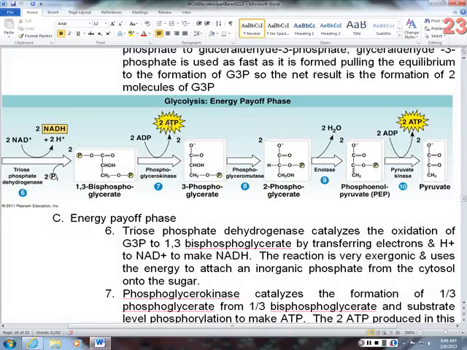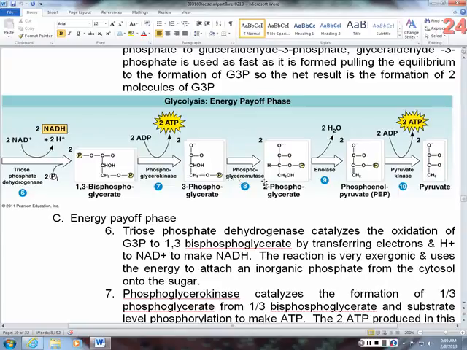So this time you're going to be releasing the energy and putting it on there. So it's lost one of the phosphates. You actually have 2 of these for every glucose. So that's why they're showing 2 ATP in there. And now instead of it being a bisphospho something, it's just 3-phosphoglycerate because one of those has been pulled off.